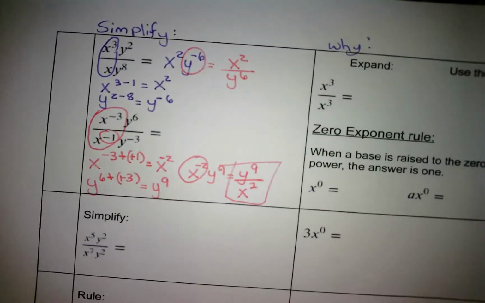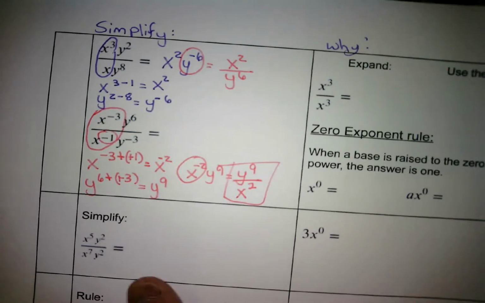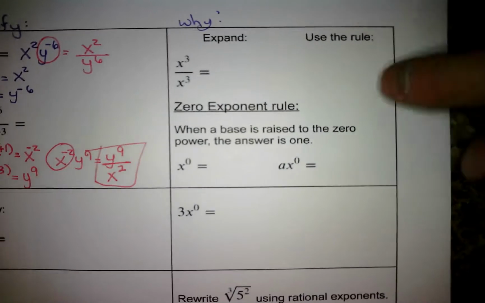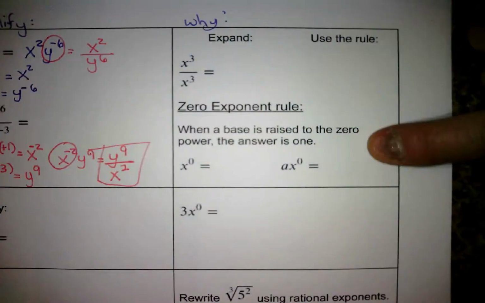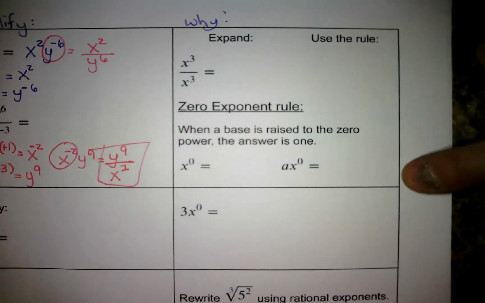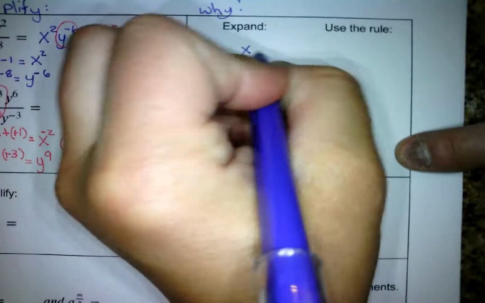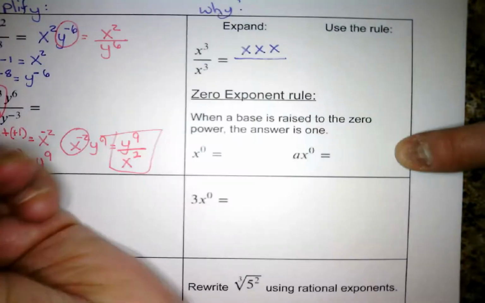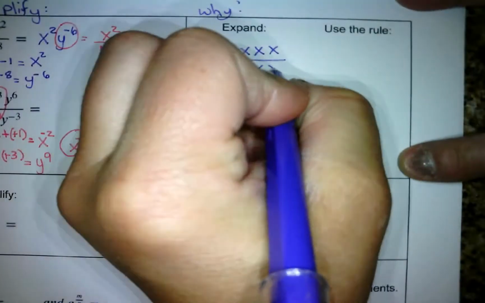Alright, so now let's look at this next row. It says x to the 3rd divided by x to the 3rd. We've already talked about this, but let's show you what happens. We have x times x times x, which is x to the 3rd, over x times x times x. Now remember, what happens when I have a number divided by itself? It equals 1.